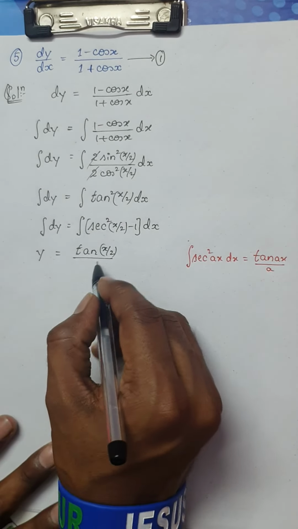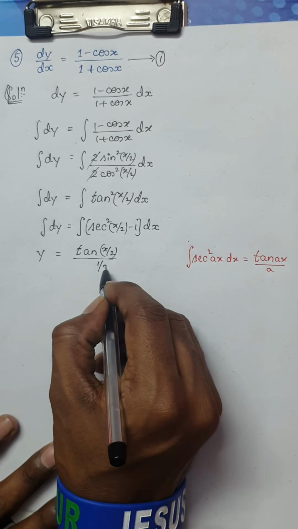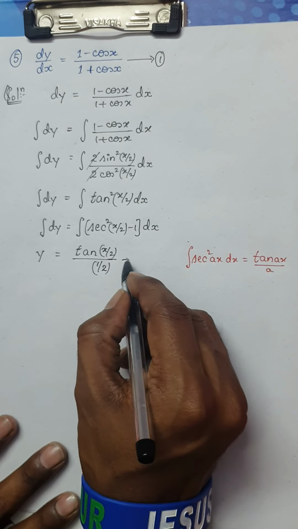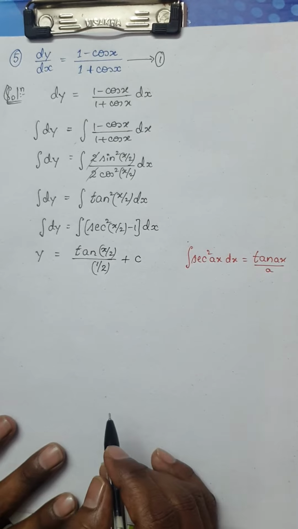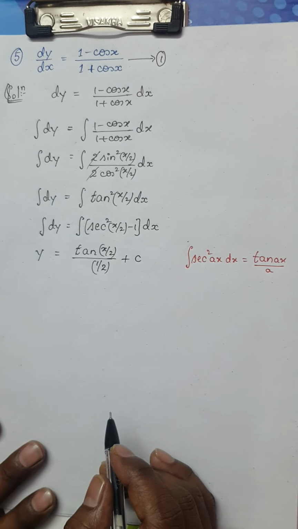So this would be tan of x by 2 divided by the constant a, which is 1 by 2, plus c, the constant of integration.